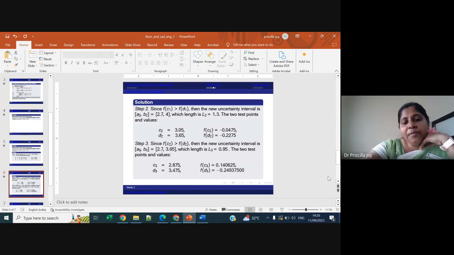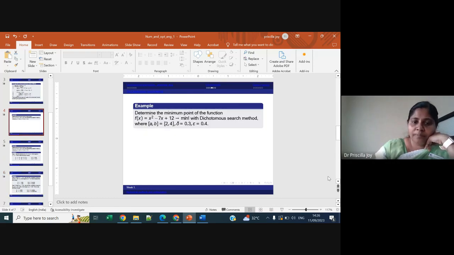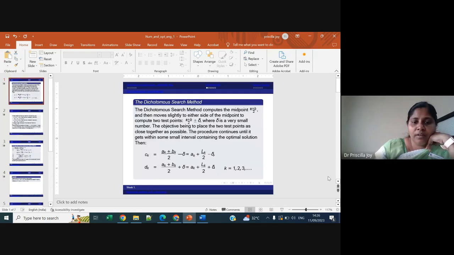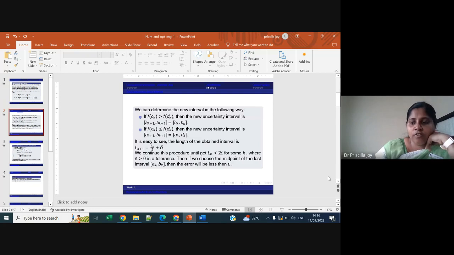Okay, now what do we need to do? We need to check whether to proceed or not. That is, whether the LK value is less than 2 epsilon. That's what we need to check.